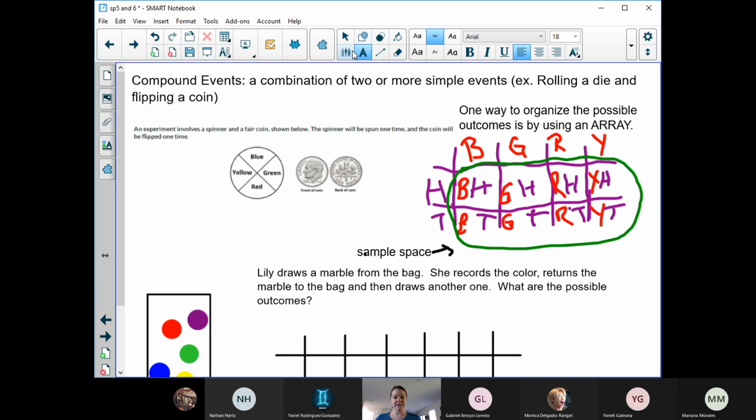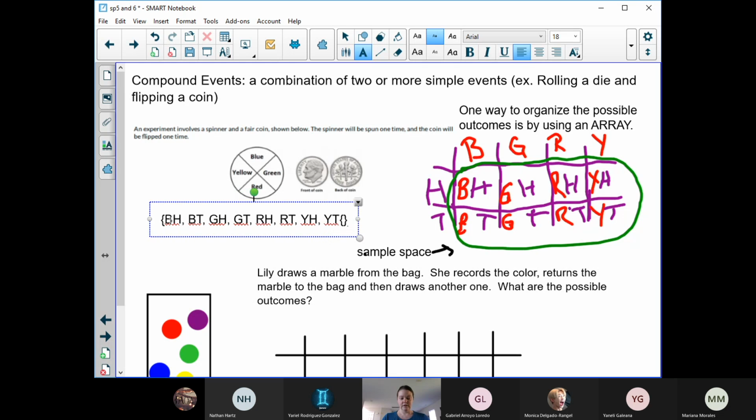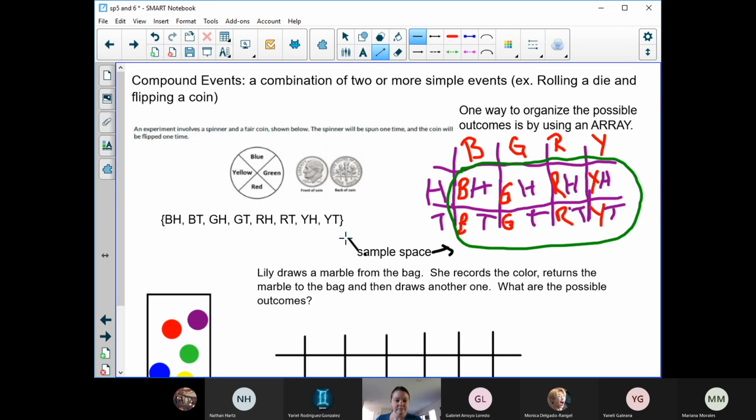I could write it as my sample space: we could get blue heads, blue tails, green heads, green tails, red heads, red tails, yellow heads, and yellow tails. Any questions about how I filled out the array?